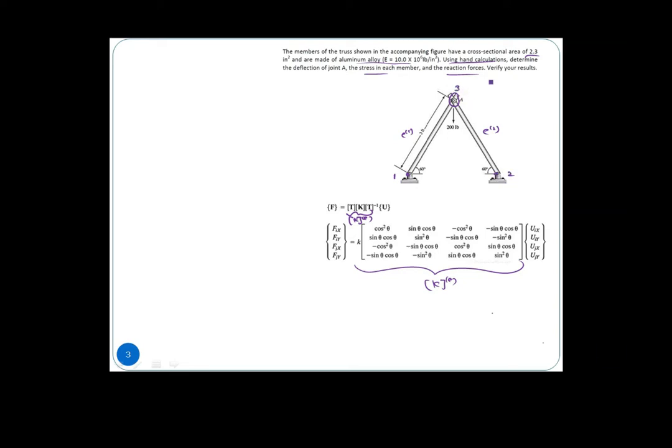So nodes 1, 3 and 2, 3 in this case. So here is my element number 1.